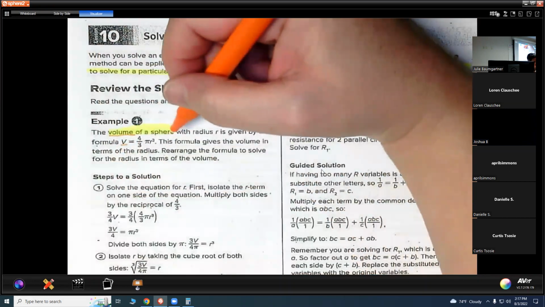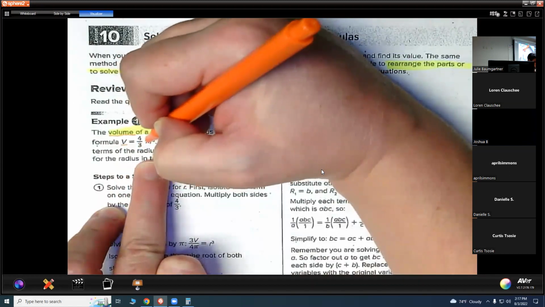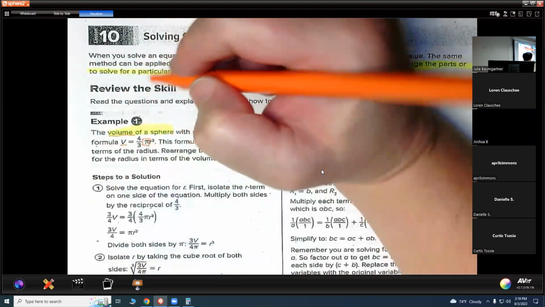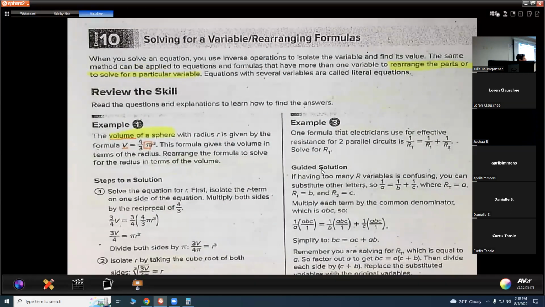And then it equals 4/3 pi. Does everyone know what pi is? This is the little Greek letter that we use to represent a number. Pi is the number we have to use when we're dealing with anything circle-like.